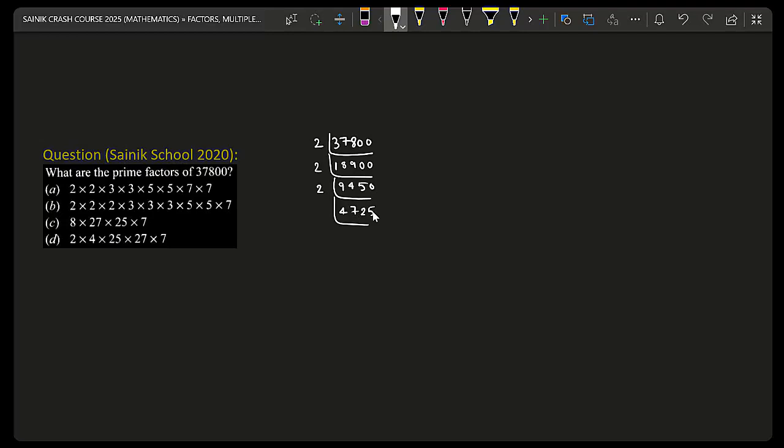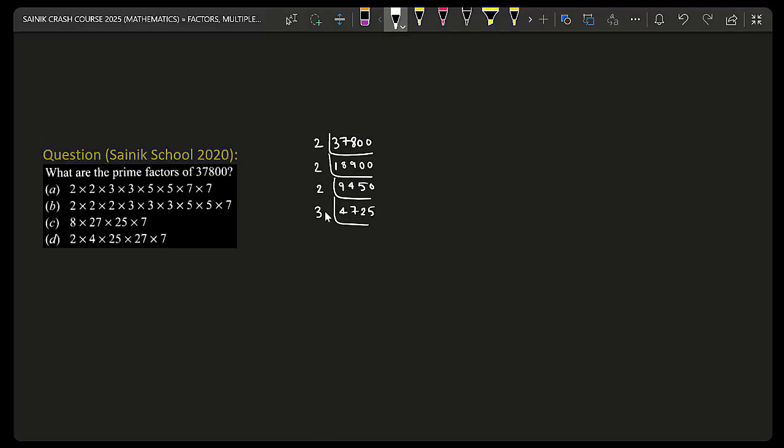No. So check the next prime number. How to check whether it is divisible by 3 or not? 4 plus 7 plus 2 plus 5 is 18, so it is divisible by 3.